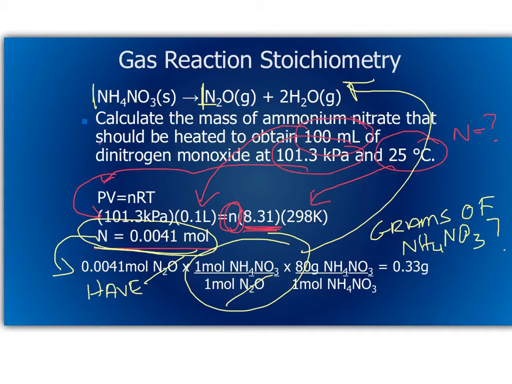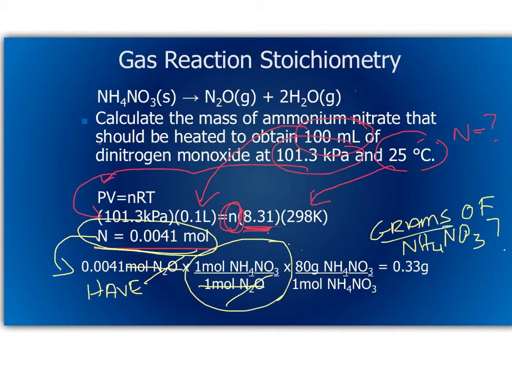Excuse me. And then the last thing we have to do, I'm going to erase this because this is kind of in the way now. I'll just leave that there. That's all that there. So that came from that. And then what we need to do next is, I'll bring this down here a little bit closer. Since the moles are gone and the moles are gone, we are left with moles of this, but I'm looking for grams, so I have to convert the moles back into grams.